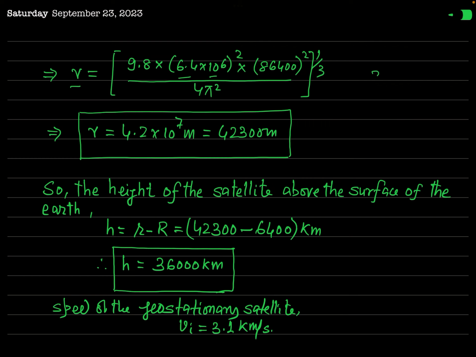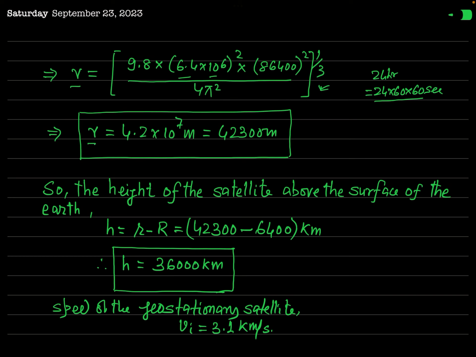And T is 24 hours, and you know 24 hours will be equal to 24 into 60 minutes, and when you multiply it by 60 again, this will be in seconds. After multiplying these three numbers, you will get 86,400.